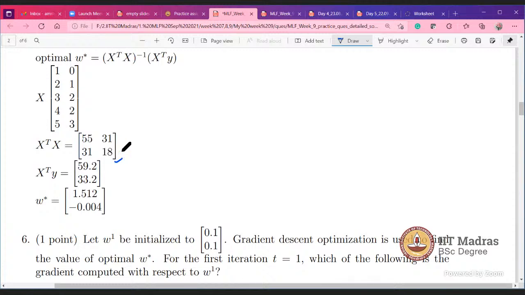Yes, sir. So what I'm trying to say is, if you have, let's say, 1, 0, 1, another column here, so it becomes 3-dimensional. At that time, what will happen? So here 1, 2, 0, 1, and 1, 3. At that time, you will get a 3-dimensional value.